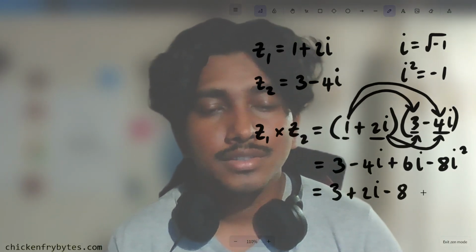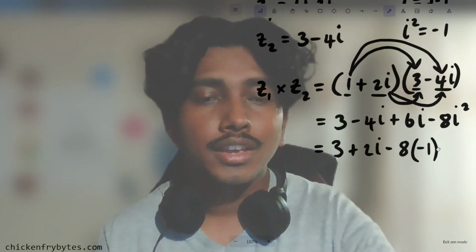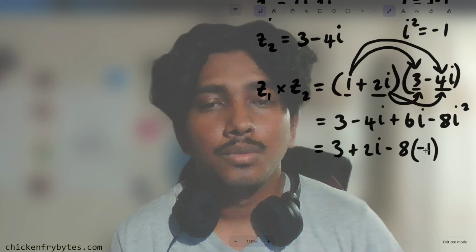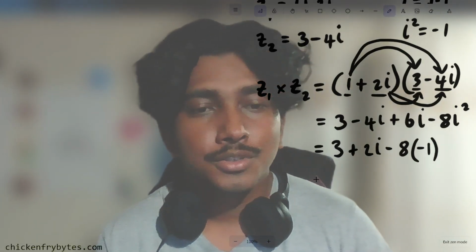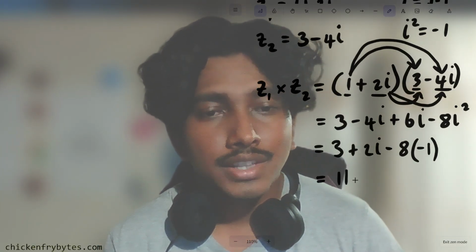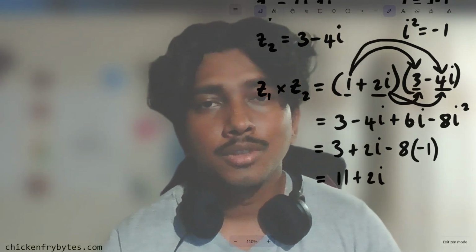So we can evaluate this to -8 by -1, so -8 by -1 is positive 8. And we could take that positive 8 and add it to this 3, right? So we have, in this case, 11 plus 2i being the final result of this multiplication.